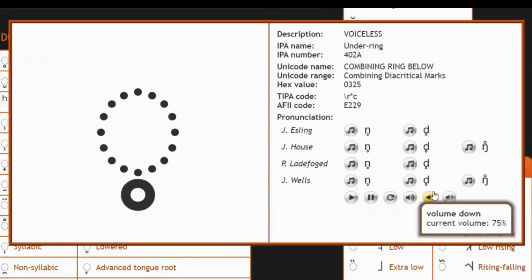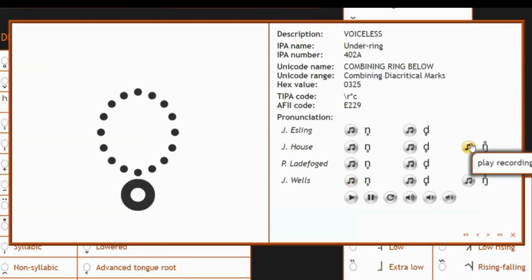So you wouldn't really need to write that sound like this because there's a separate symbol for it. And here we have the voiceless velar nasal. So you can see sometimes if needed, you can write it above if there's another element or symbol that blocks it, that would make it unclear.